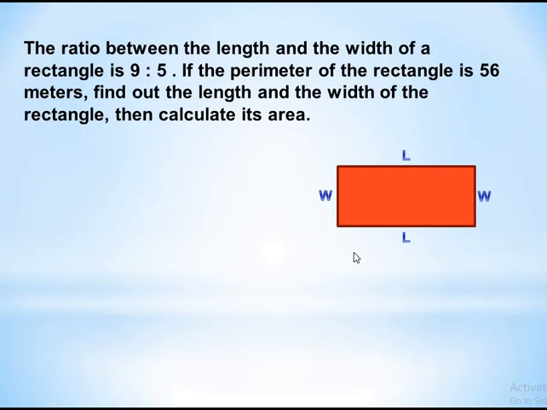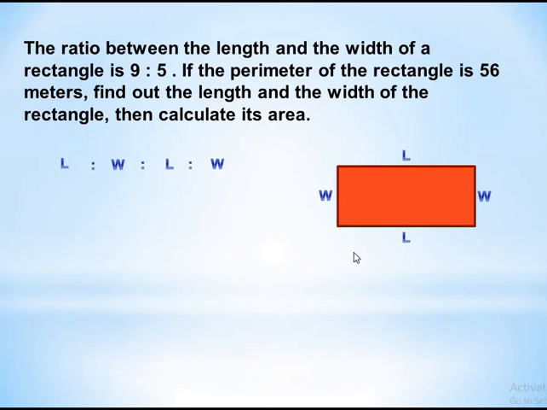How can we write length to width to perimeter? It means length to width to length to width to sum. We repeat this ratio because we have two lengths and two widths to get the perimeter.